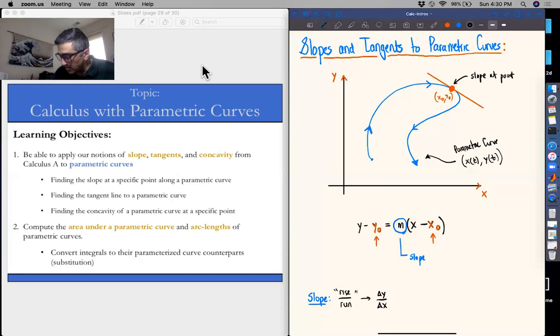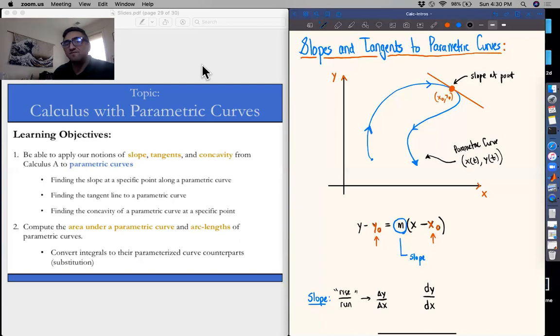We still care about a slope, and since we're in calculus, we're thinking about this as an instantaneous kind of quantity. So instead of thinking about some discrete change in y over change in x, calculus gives us the power again to think about these as instantaneous properties of a function, dy over dx, our derivative.